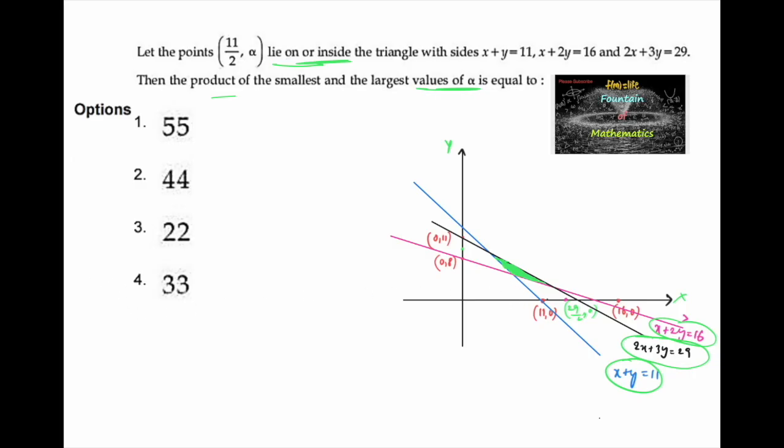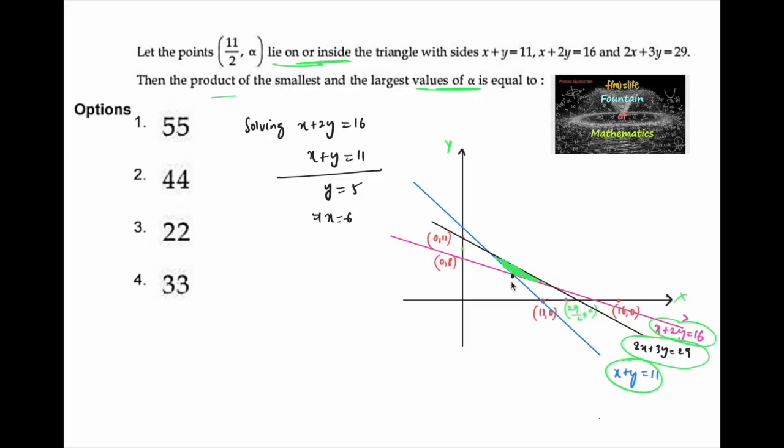So let us find the point of intersection of these two lines here, this point. Solving x plus 2y is equal to 16 and x plus y is equal to 11. Subtracting both, we got y is equal to 5, so that x is equal to 6.